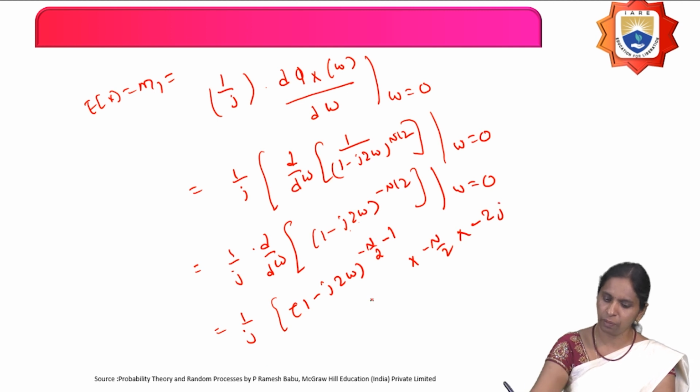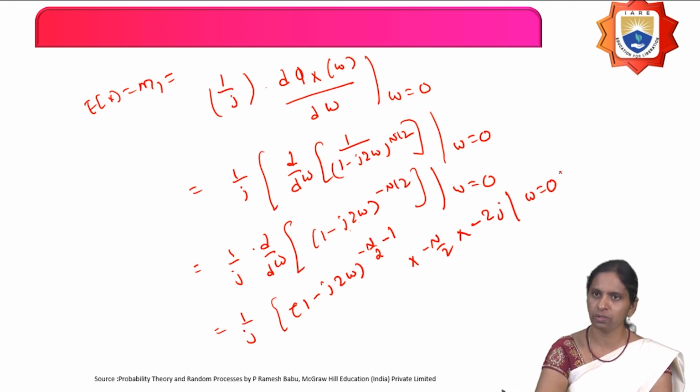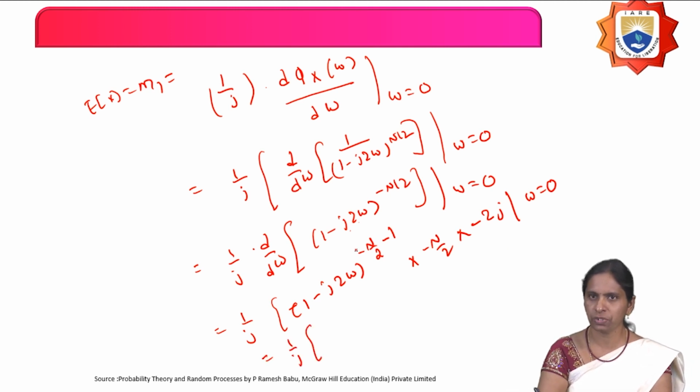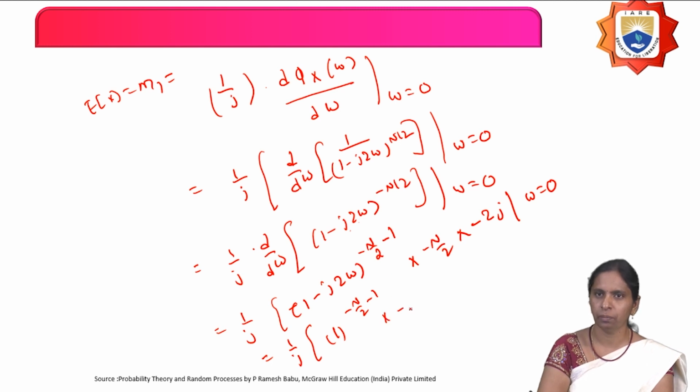After that you have to substitute omega equals 0. Then you obtain 1 by j into 1 power minus n by 2 minus 1 into minus n by 2 into minus 2j.